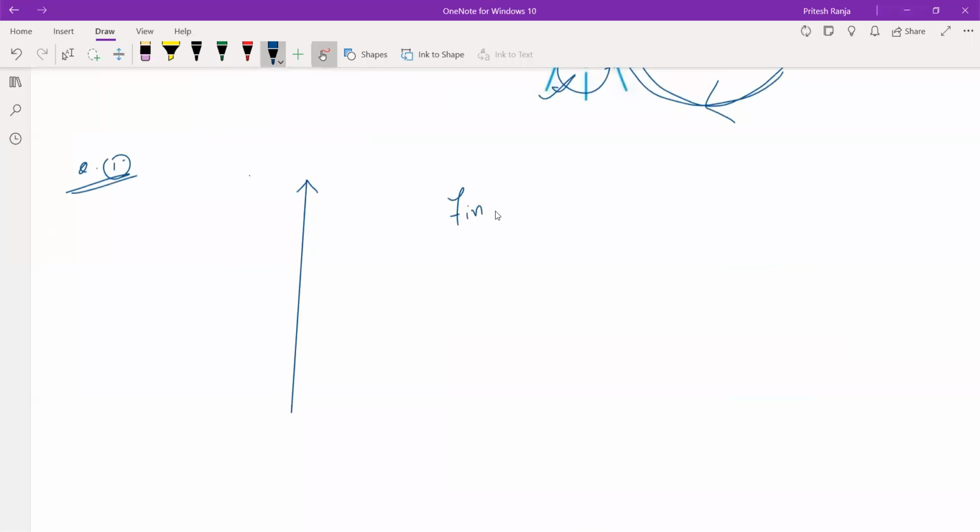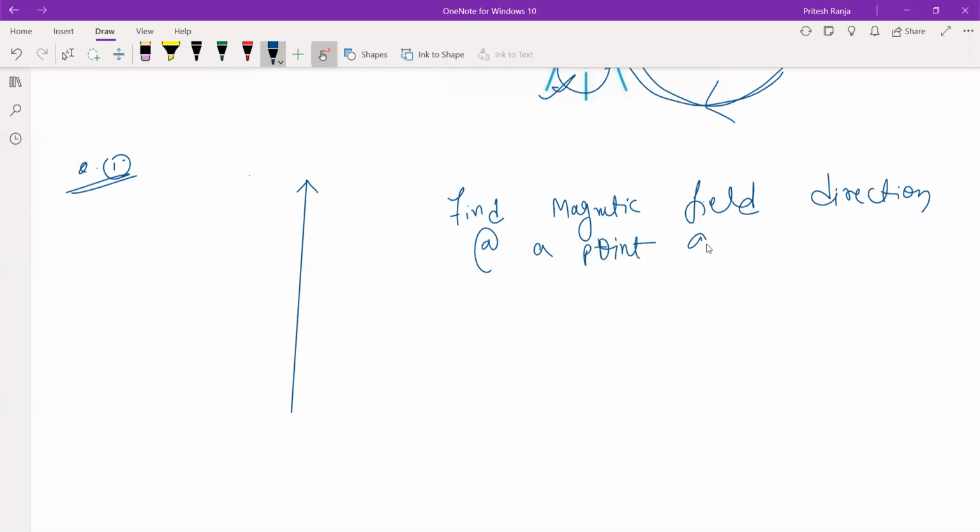The question is to find the magnetic field direction at a point anywhere on the right side of wire. On the right side of wire.